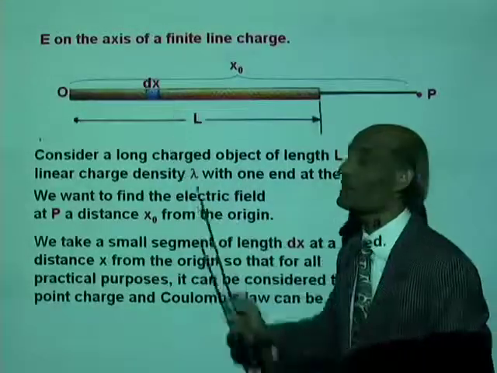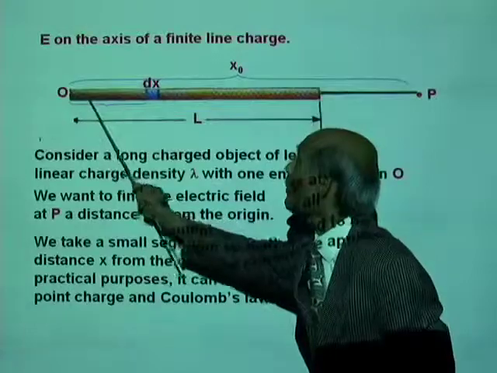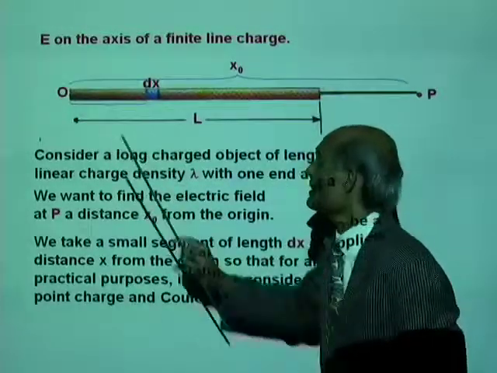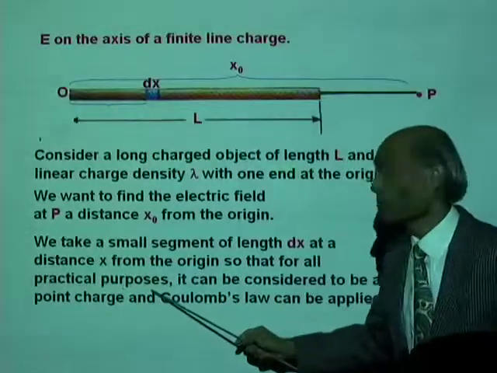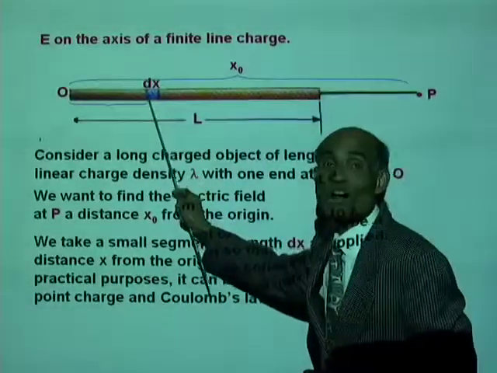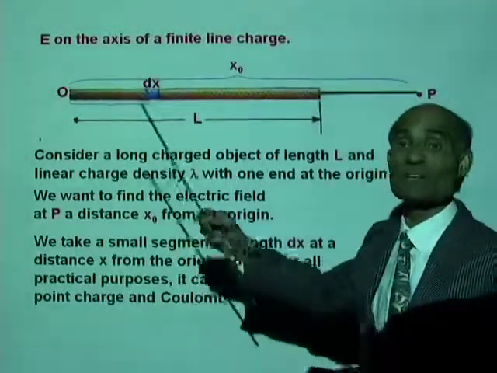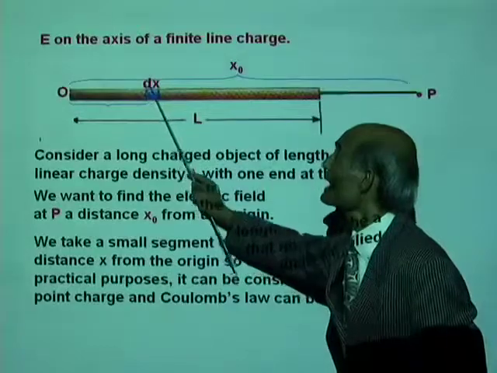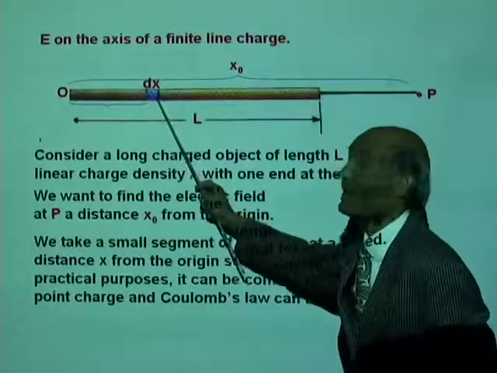This is the small segment of length dx at a distance x from the origin. So that is the distance x. Now, for all practical purposes it can be considered to be a point charge, and we can now use the point charge equation. We can now find the electric field at P due to this point charge.